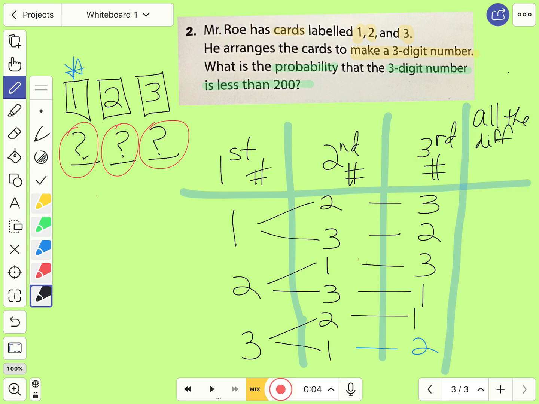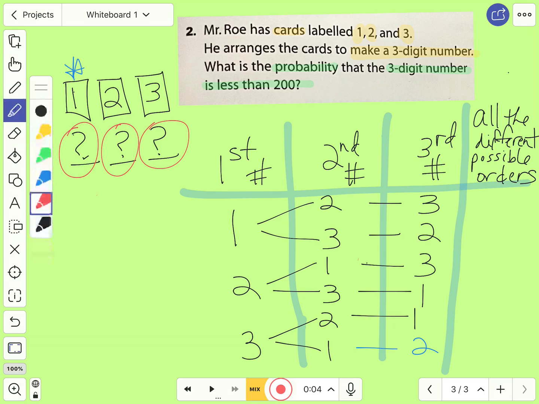All the different possible orders, and that being orders of cards. So we follow the branches through. I'm only going to highlight one of them because it takes a lot of time.